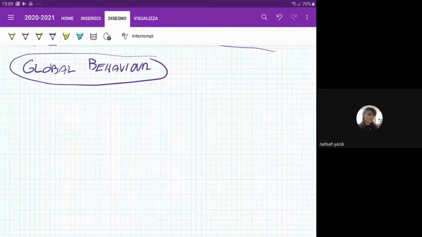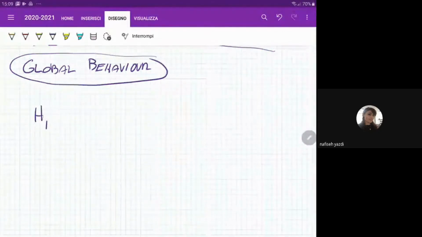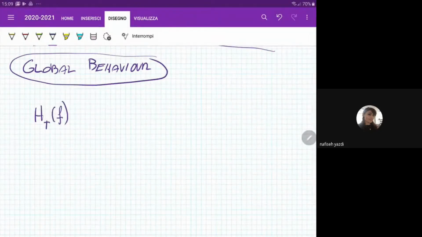So that is written as H(f), dependent on the frequency content, and is given by two main contributions. The first one is what we call H_E(f), and the other H_M(f). What does it mean?